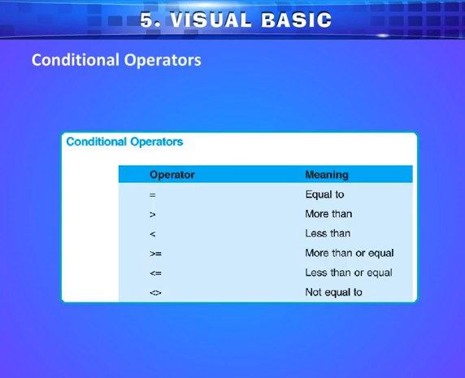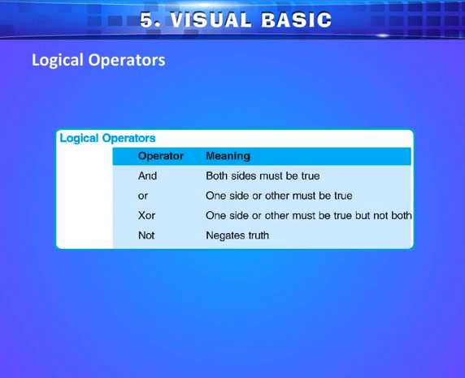Conditional operators are equal to, more than, less than, more than or equal to, less than or equal to, and not equal to. Logical operators are: both sides must be true; one side or the other must be true; one side or the other must be true but not both; negates truth.